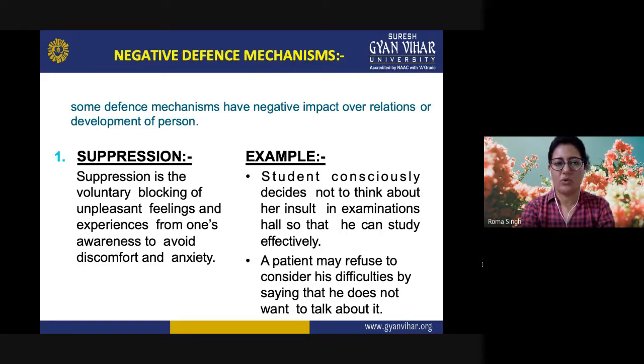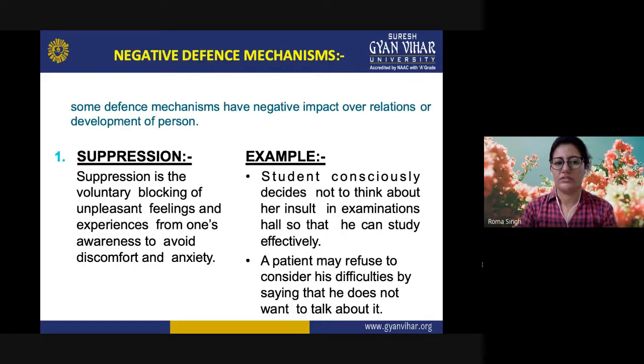Suppression is the voluntary blocking of unpleasant feelings and experiences from one's awareness to avoid discomfort and anxiety. For example, the student consciously decides not to think about her insult in the examination hall so that she can study effectively.